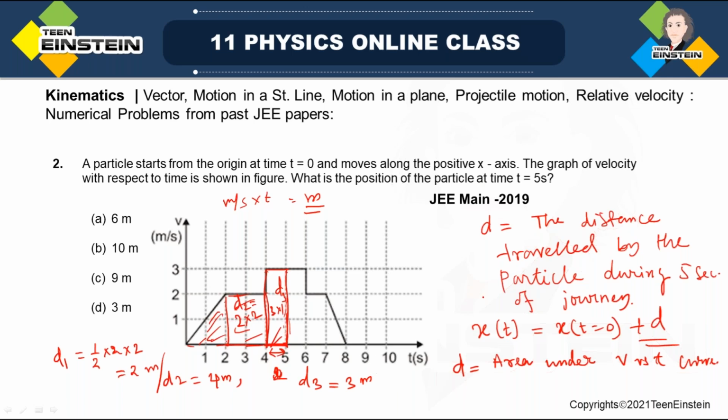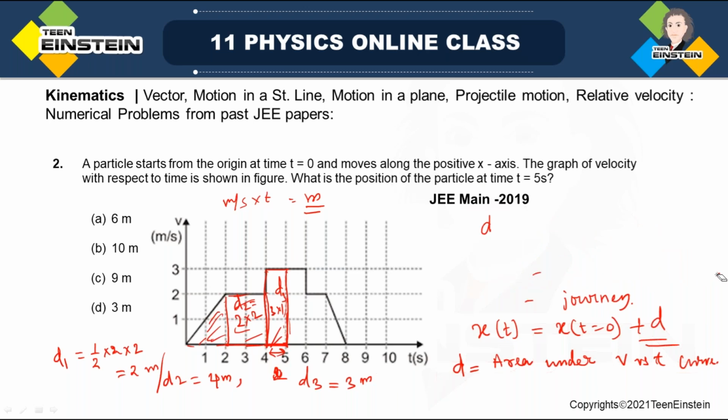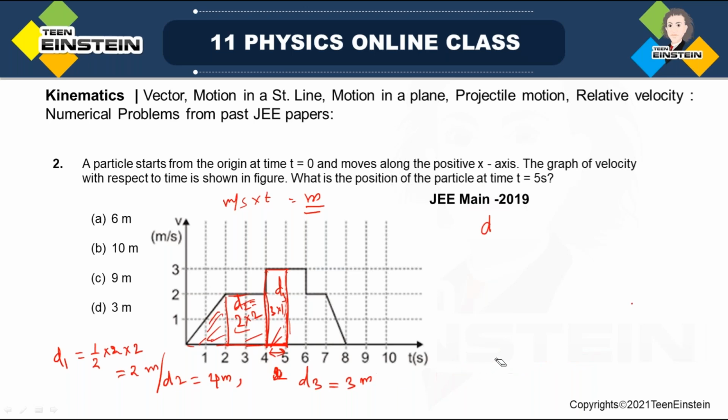So what is the distance then? Total distance d1 plus d2 plus d3. We can just add them up. We could not do the integration because this is not a straight line curve.